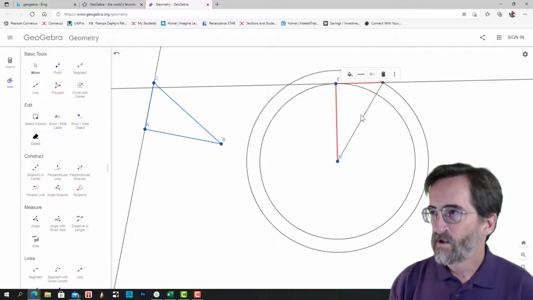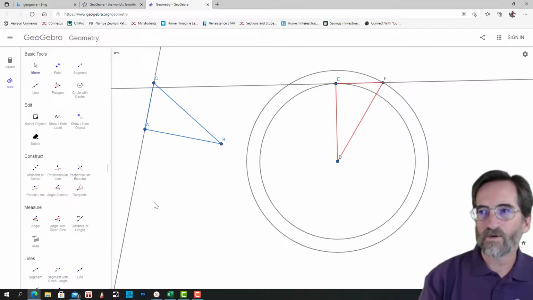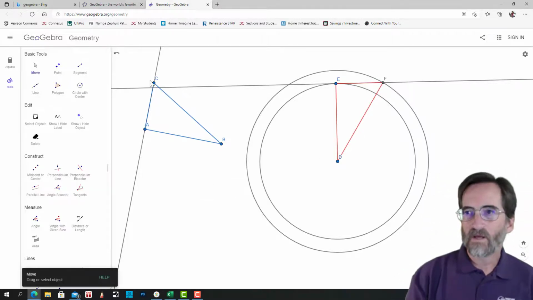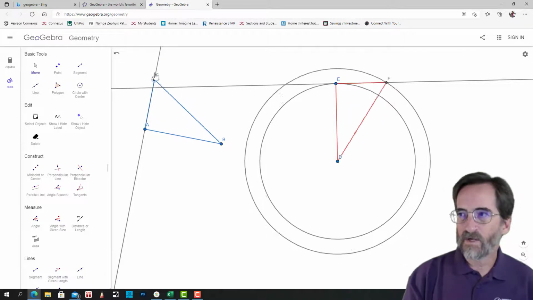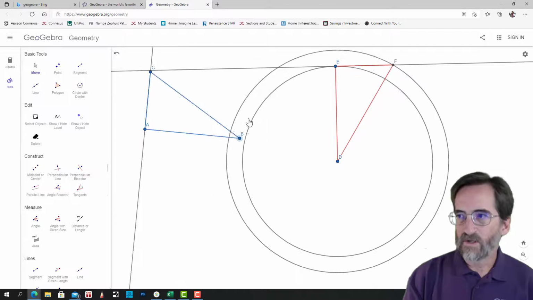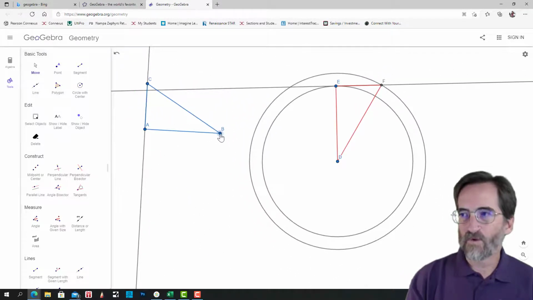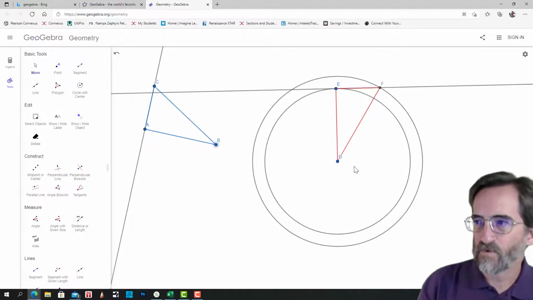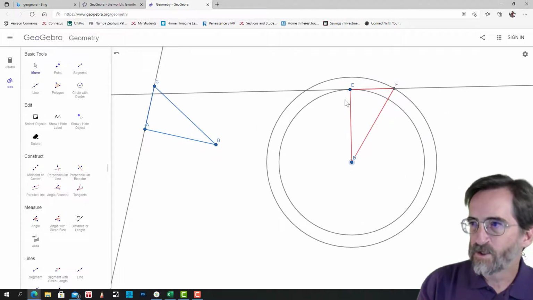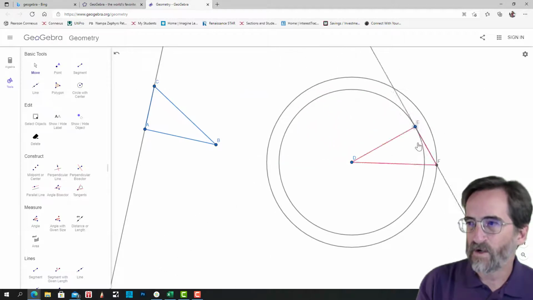So we can verify. Now, on initial inspection, it looks like these triangles are congruent. As I move C around, F moves around, right? As I move B around, it moves. It doesn't change orientation with it, but they seem to be congruent here. I can change the orientation by grabbing this and moving it around.